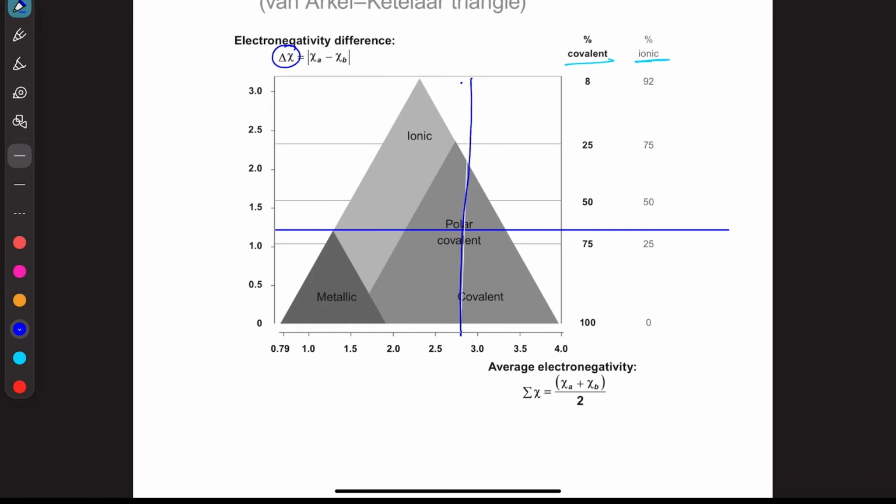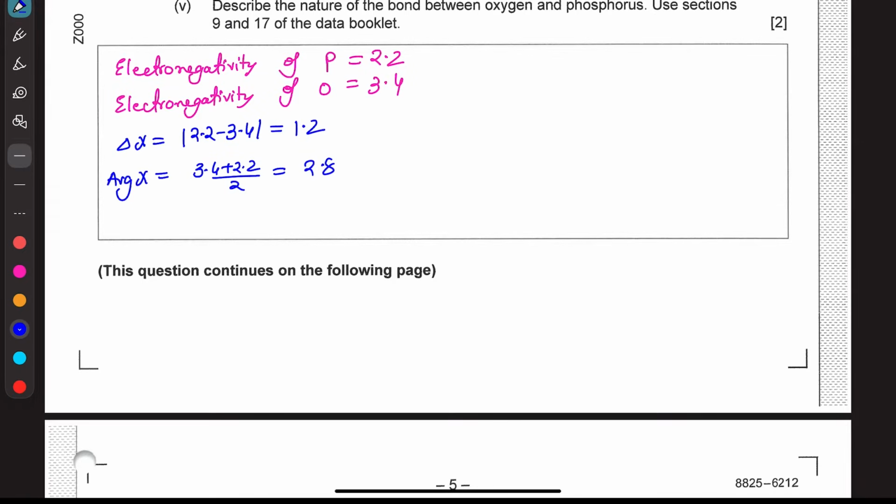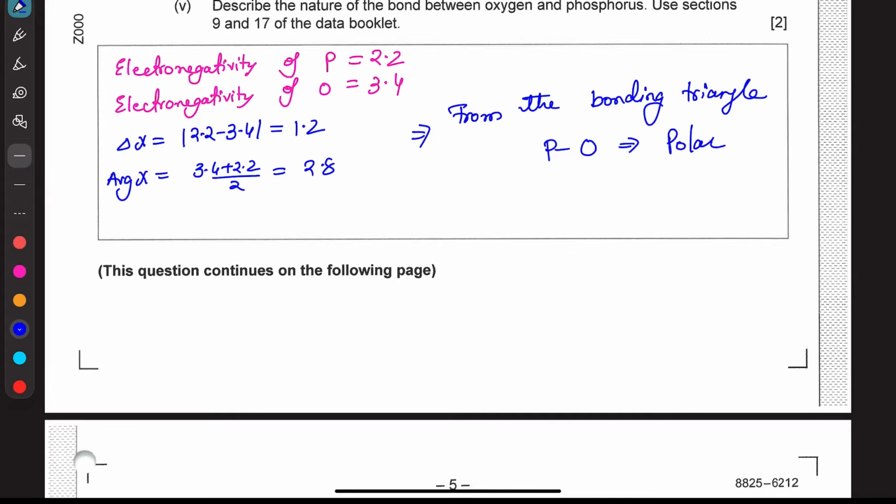This is the point. So it lies in the polar covalent section here. So let's say, using the bonding triangle, the P-O bond is polar covalent.